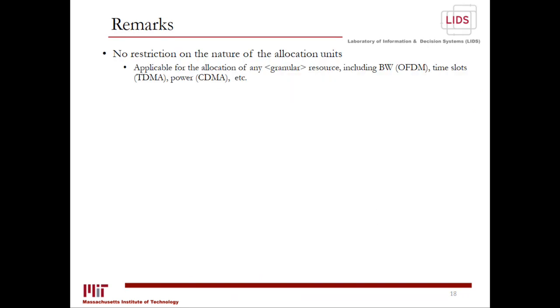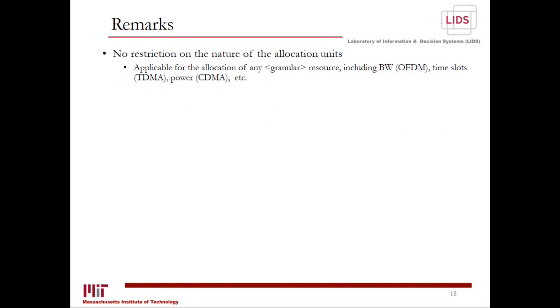Several remarks are in place. The first remark is that, so far, we didn't set any restriction on the nature of the allocation units. As long as there is granularity and the commodity is divisible, not indivisible, we will be able to use this allocation mechanism to allocate different kinds of resources.